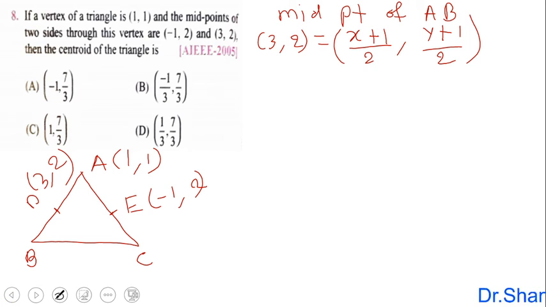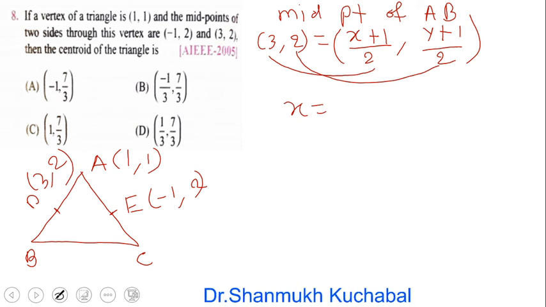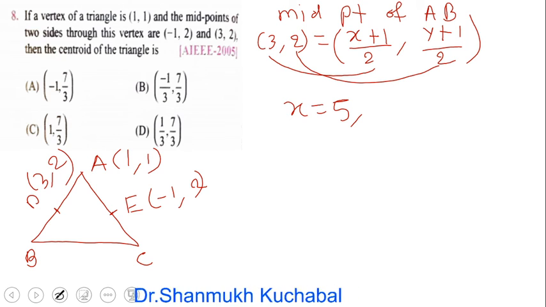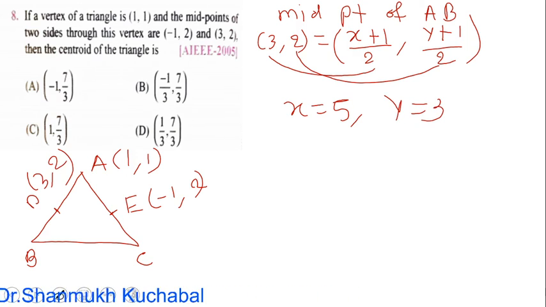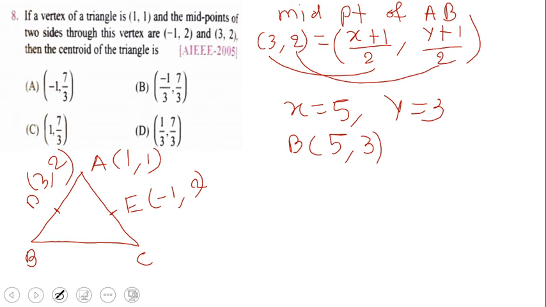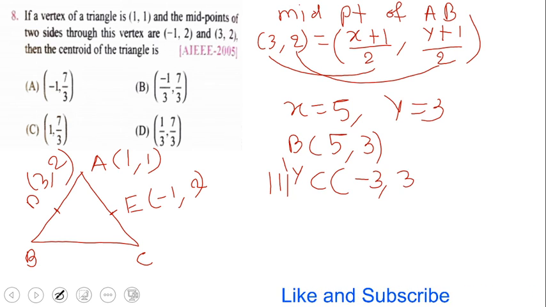Then for the x solution, we equate these two and equate these two. Then we get x as 5 and y as 3 here. So point B we get as (5, 3) here. Similarly, using the same concept, C we get as (minus 3, 3) here.